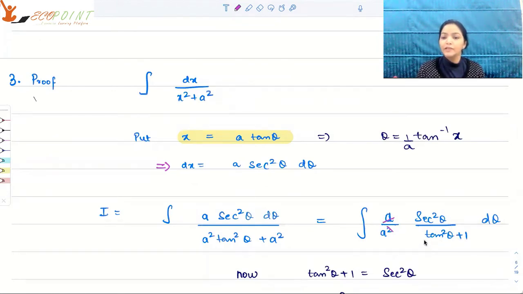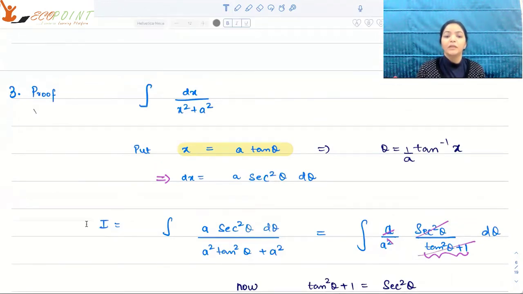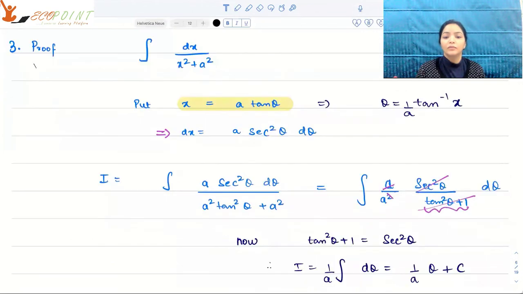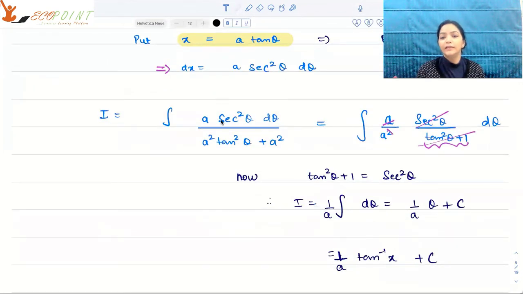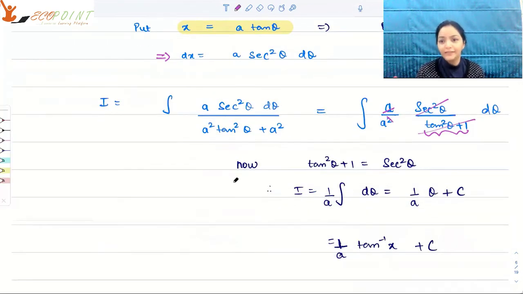As we know, tan square theta plus 1 is equal to secant square theta, so this cancels with this. All you are left with is 1 upon a d theta. Integrating that, you will get 1 upon a theta plus c.